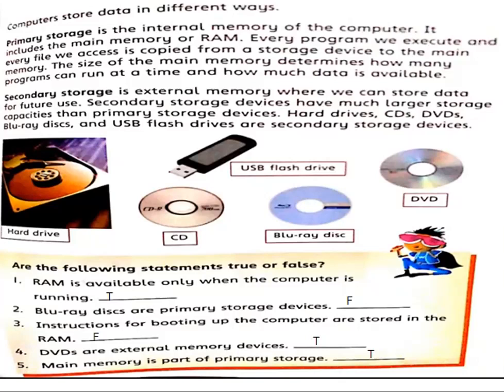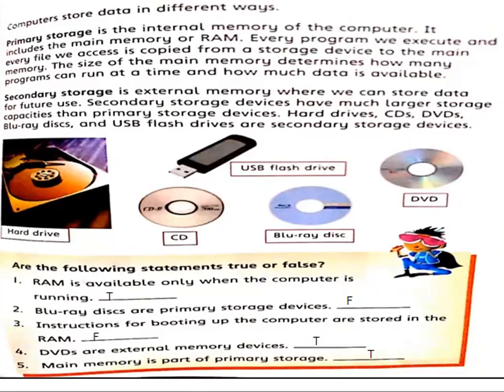Hard drives, CDs, DVDs, Blu-ray disc, and USB flash drives. These are all examples of secondary storage devices. Okay, so the main difference between these two is that in primary storage devices, the data is directly accessed by the processor, whereas in secondary storage, data cannot be accessed directly by the processor.